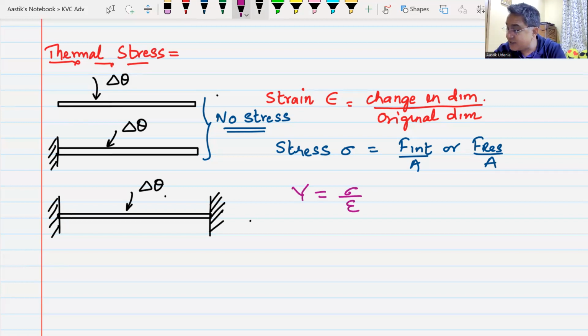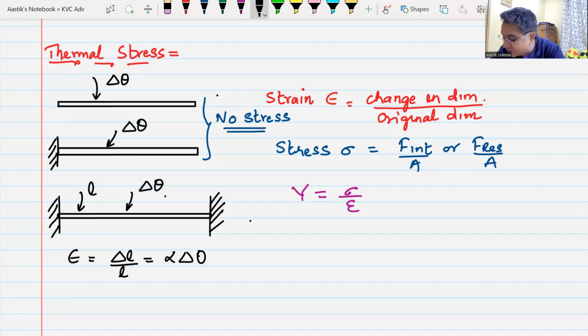Now, when I have restricted this rod, the length of this rod is L, a strain comes in this rod. That is delta L by L, because it is not allowed to expand. It wants to expand, it is not allowed to expand. So the rod is strained. Do we understand this? Yes, sir. And the strain in the rod becomes equal to alpha into delta theta. Do we understand this? Yes, sir.